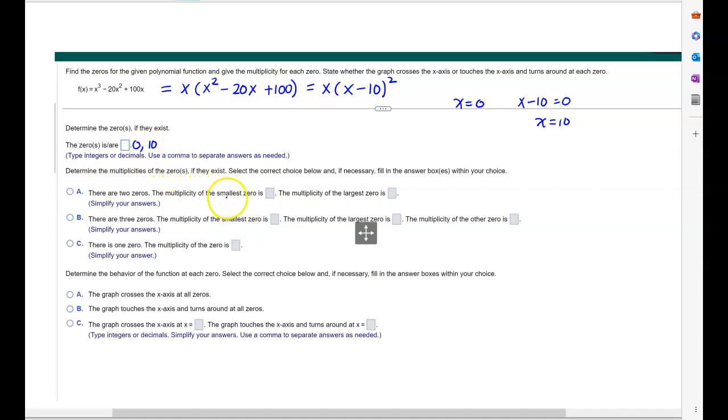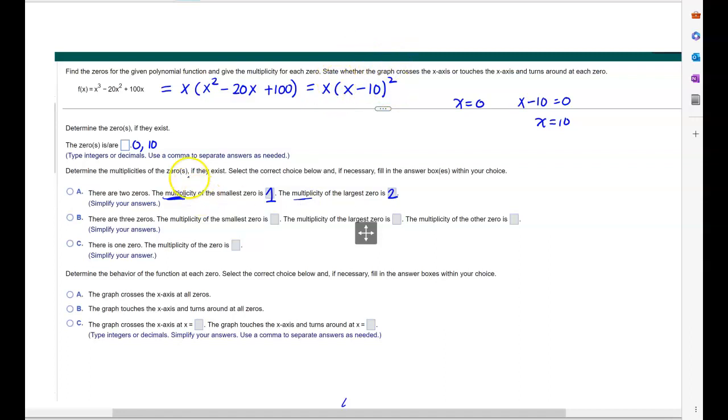So the multiplicity of the smallest zero is 1, because the power of x is 1, and the multiplicity of the largest zero is 2. Okay, so it is not asking for the smallest zero and the largest zero, but rather it is asking for the multiplicity. So you give the multiplicity, the power of the exponent.